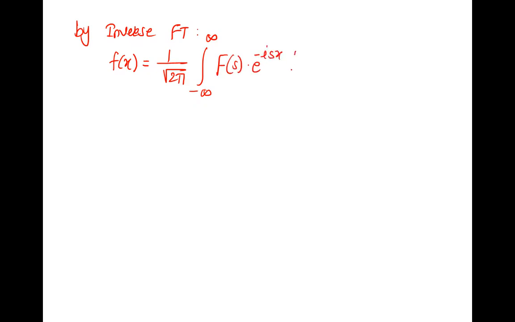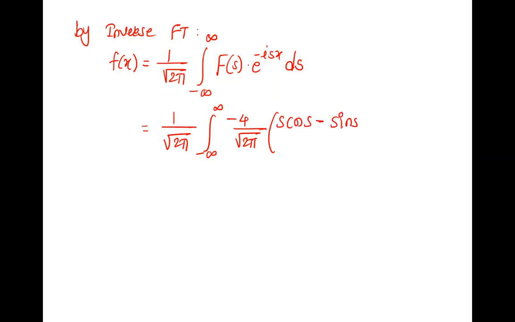Right. So we have the F of s, we'll write it here. Tell me the value, please. -4 by root 2 pi into s cos s minus sin s upon s cube. Good. So F of s we have written, into e raised to minus isx ds.